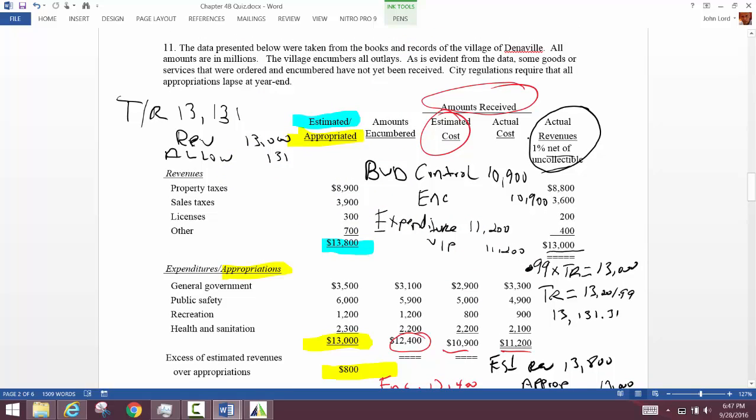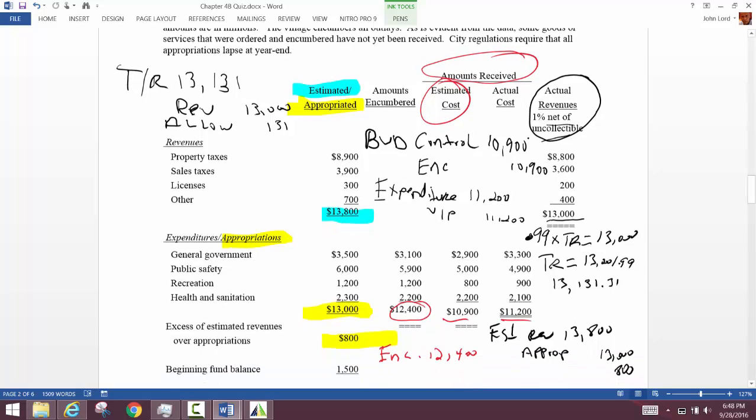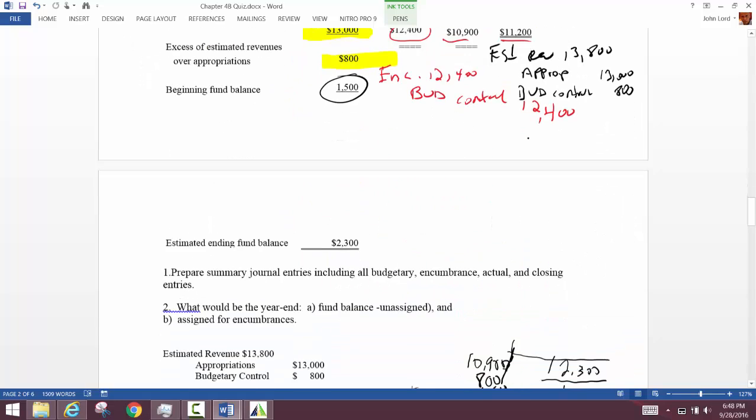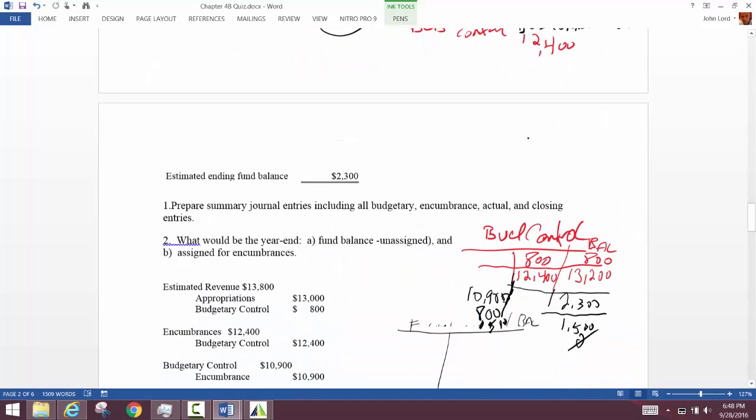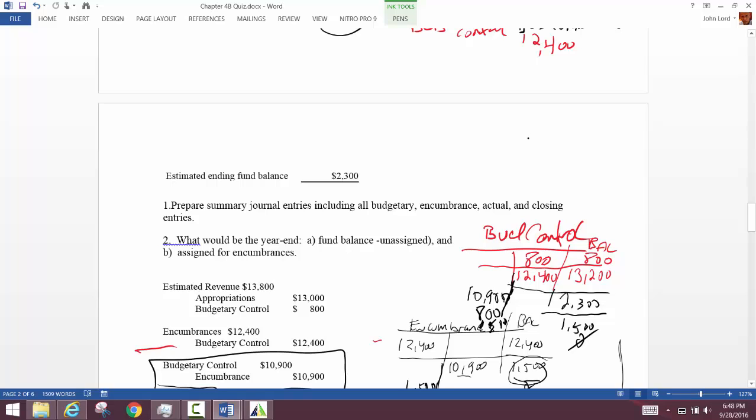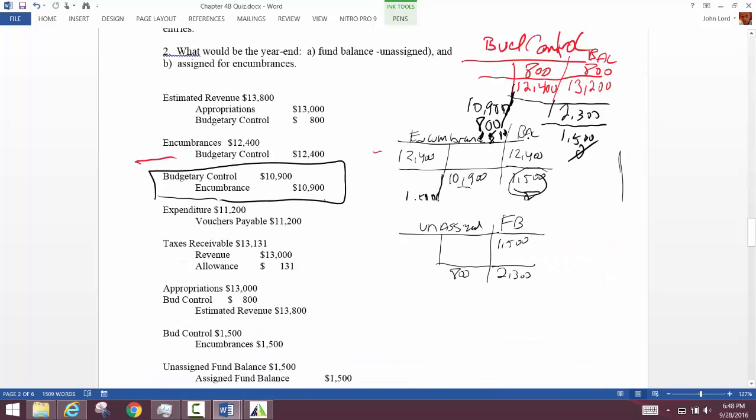They tell me the beginning fund balance is 1,500 here somewhere. Down a little bit. There it is, the beginning fund balance. Thank you. The beginning fund balance is 1,500. Okay, so I got the beginning fund balance of 1,500. So I'm sitting there with this 1,500 in the beginning fund balance.